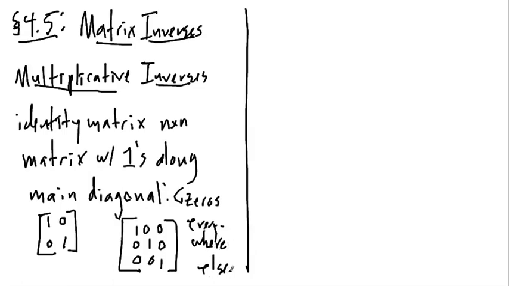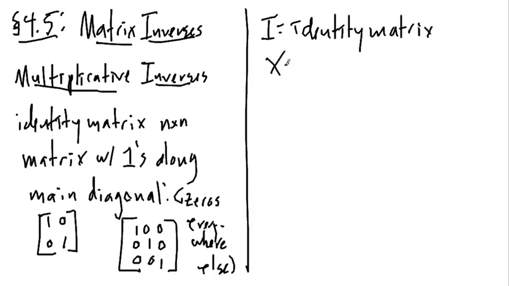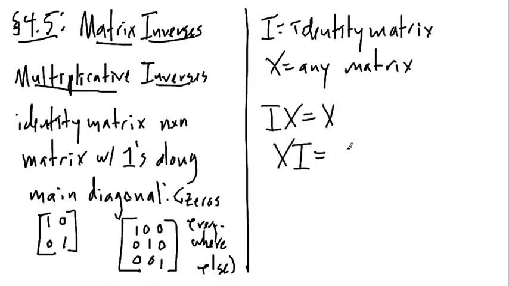And what we saw was if I let I be an identity matrix and X be any other matrix where it makes sense to multiply I and X, I times X is equal to X, or X times I is equal to X. That's what you expect the multiplicative identity to satisfy.